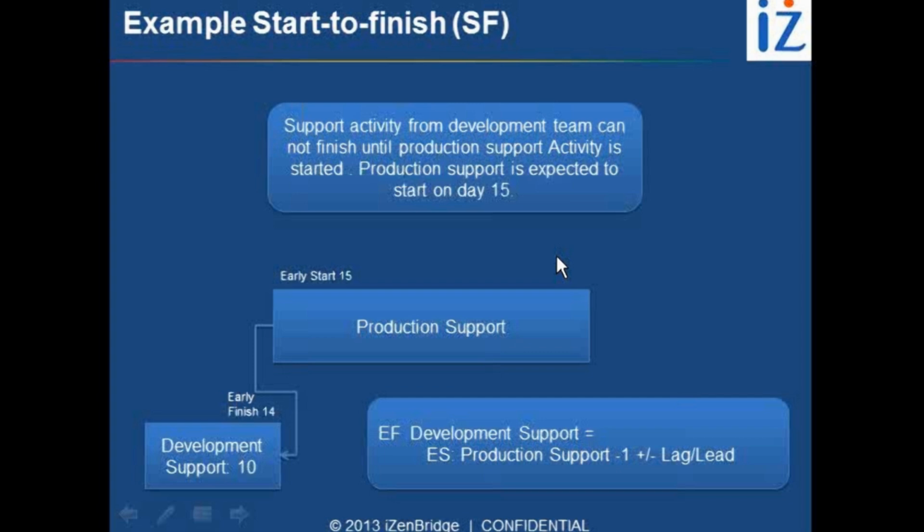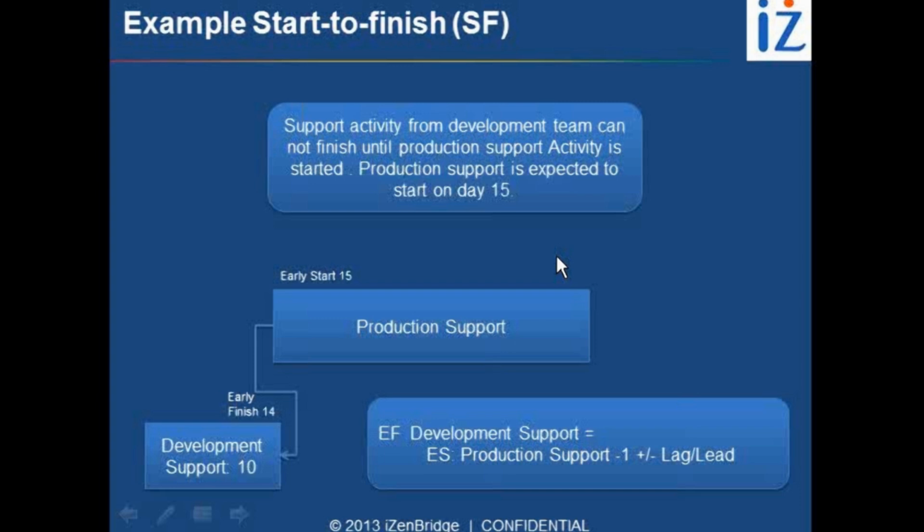They have their own processes, like getting hired, trained and mentored, before they can start the production support activity. But the development team has to support the product till the second team is in place.